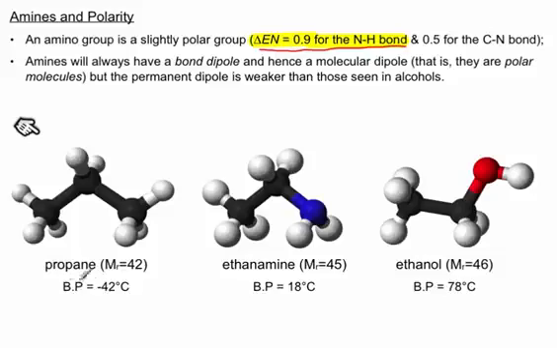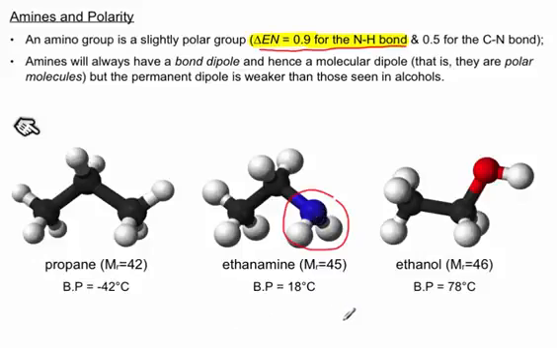So if we again look at propane versus ethanamine, the molecular mass of 42 is about the same, so we're only looking at the polarity, and so the polarity of the group here versus no polarity in the propane is why we have a higher boiling point. This polar group will establish forces of attraction with other ethanamine molecules.